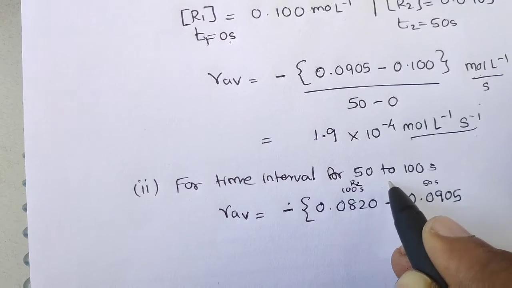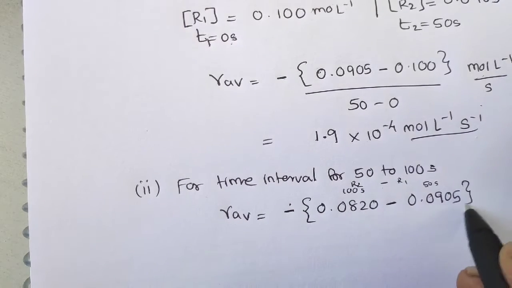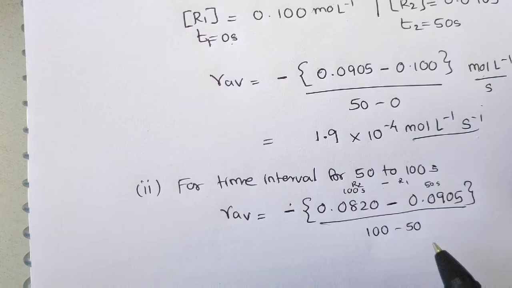So this is R2 minus R1 that we have done. Understood? Then you divide it by the time, 100 minus 50. Understood?